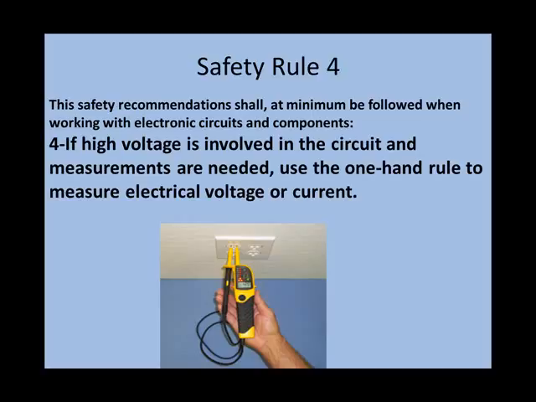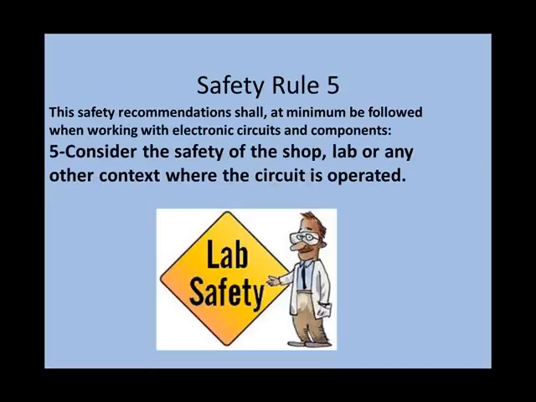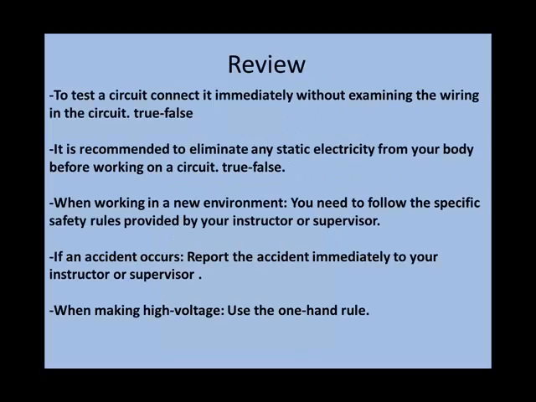Whether you're right-handed or left-handed, you must use the one-hand rule. And number 5, consider any safety regulations in the lab or shop based on the context where the circuit is being operated. Always follow the instructor or supervisor lab safety guidelines before you actually work in that lab, especially in the electrical electronics lab.